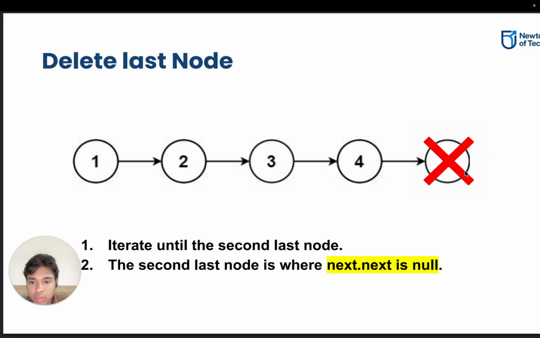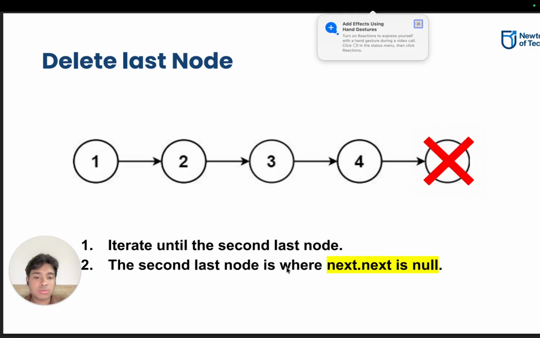I have to iterate until the second last node, because here you can see our last node is 5, so I have to iterate till 4.